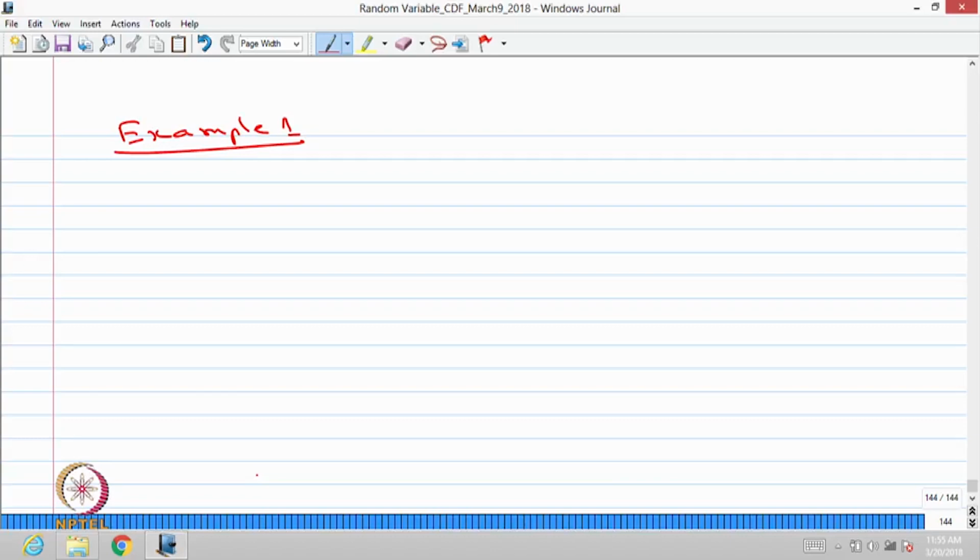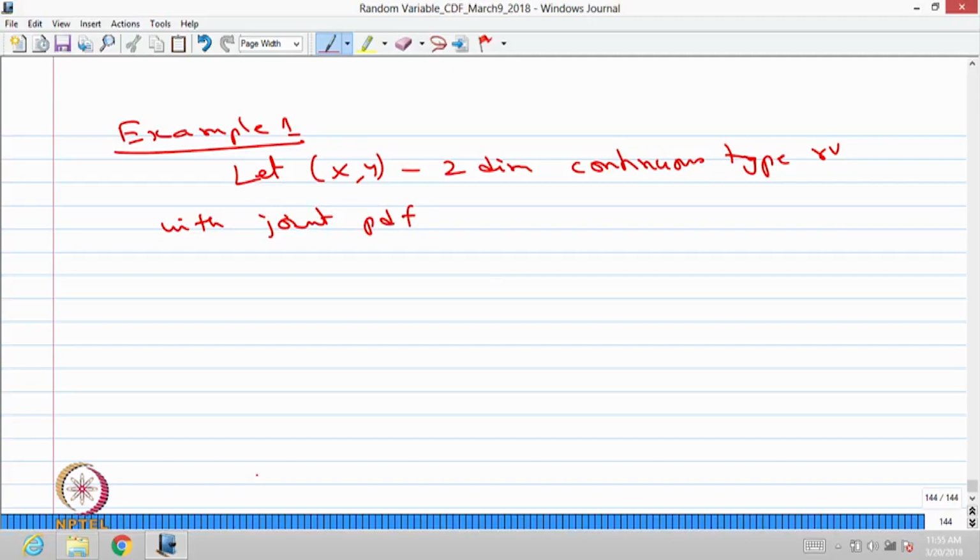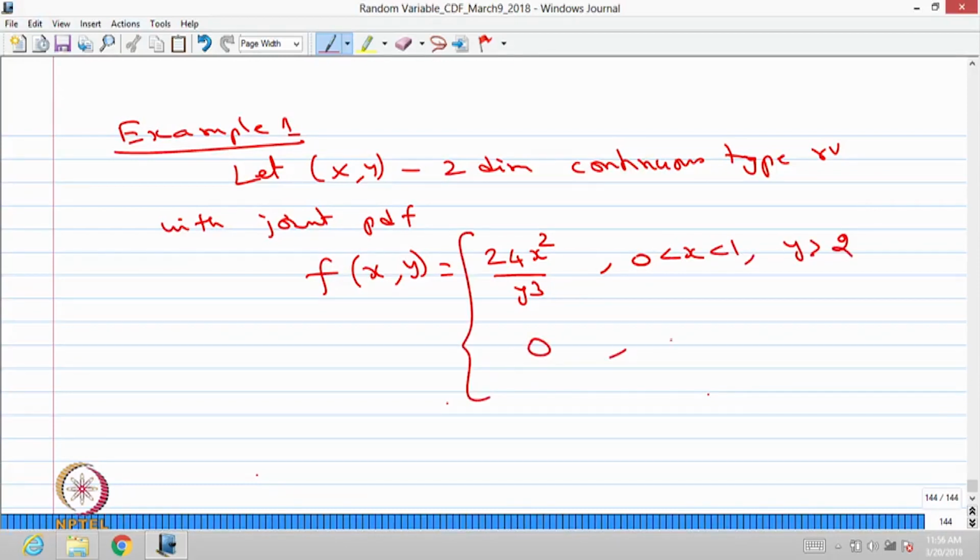Let x comma y be a two dimensional continuous type random variable with the joint probability density function of the form f of x comma y, that is, after we find the value of k, we got 24 x square divided by y cube when x lies between 0 and 1 and y is greater than 2, otherwise it is 0.